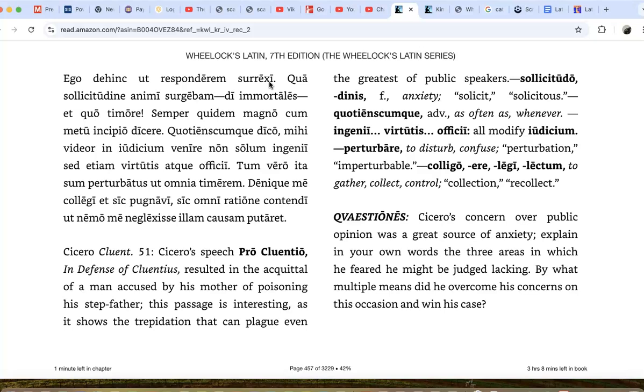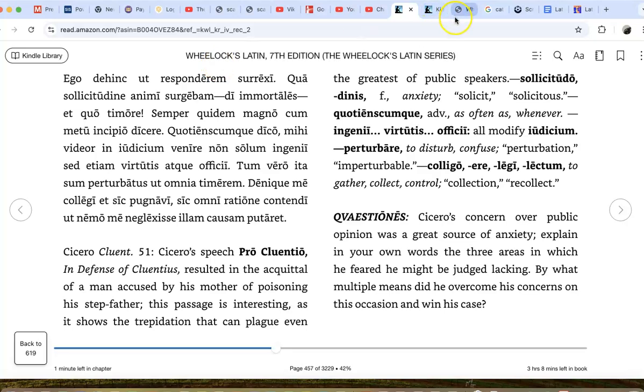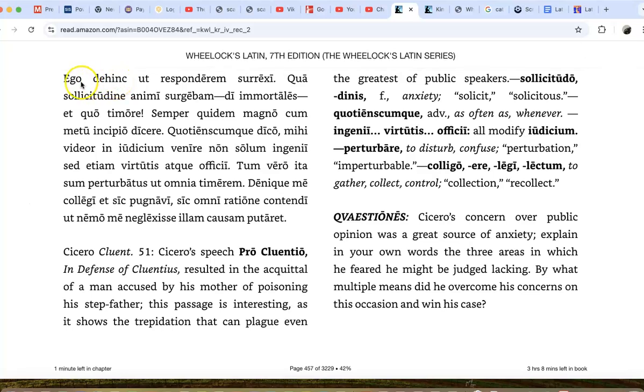No, I did not. I was looking at my notes on this one. So this one is then "I got up to respond." We've learned that Latin often doesn't use a separate pronoun, as English does. Oftentimes the subject is just part of the ending of the verb, whether it's -mus, -tis, -nt.